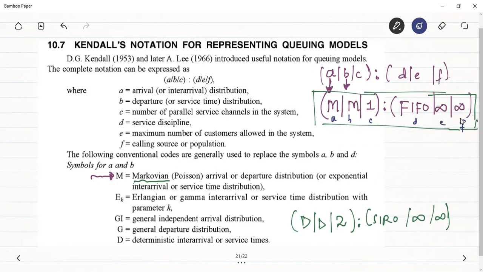If asked what the calling source population is, that is again infinite because F is equal to infinity. So this is how we represent the Kendall's notation for the queuing model.